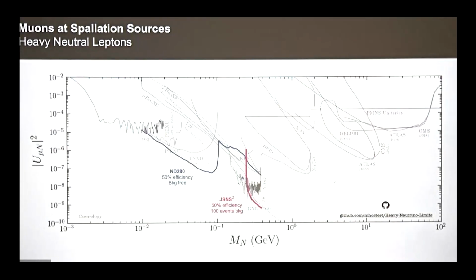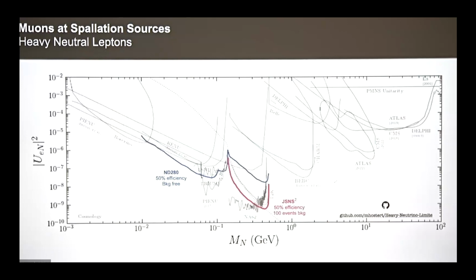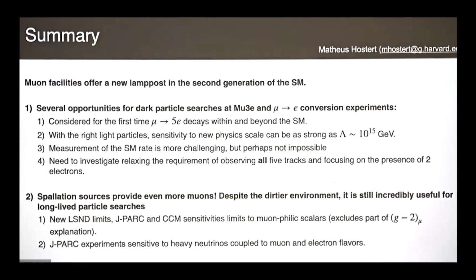And at ND280 and at JSNS squared, you could imagine doing something similar and improving on those limits, not because of more POTs or anything like that, but just because you could do a dedicated search inside a low background environment, at ND280, for instance. That's the case for the electron, where you get the more modest improvement. And that brings me to my conclusions, which I'll leave you with and take any questions.